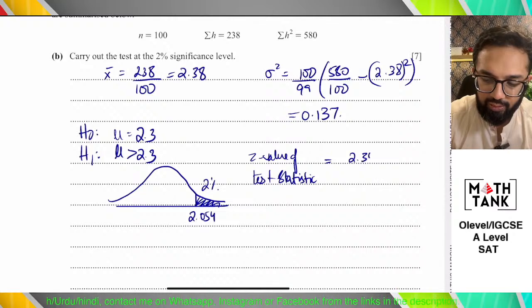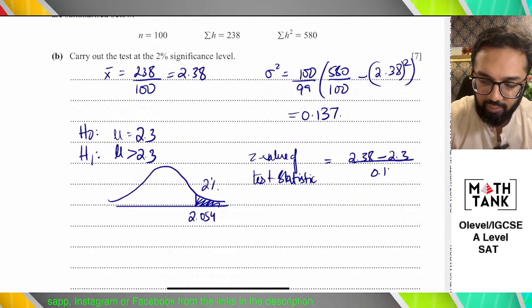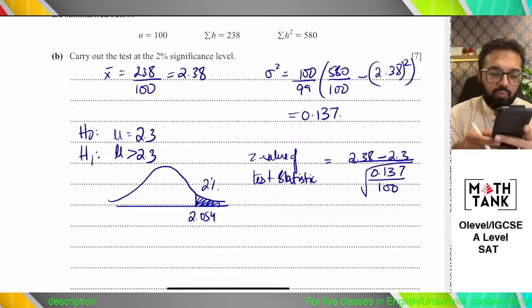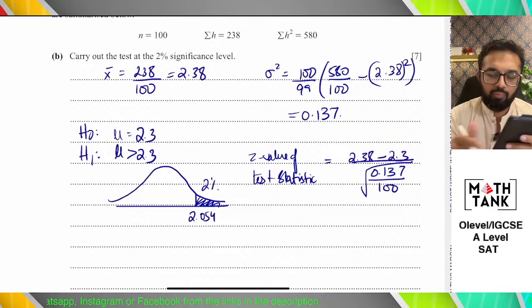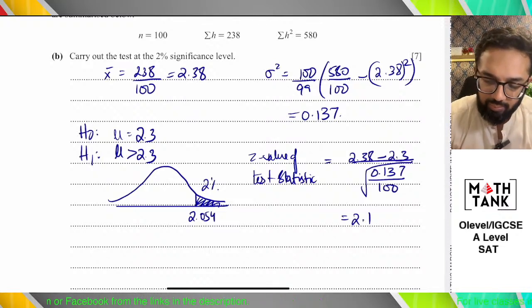It's 2.38 minus 2.3, divided by the square root of 0.137 divided by 100, which gives 2.161.